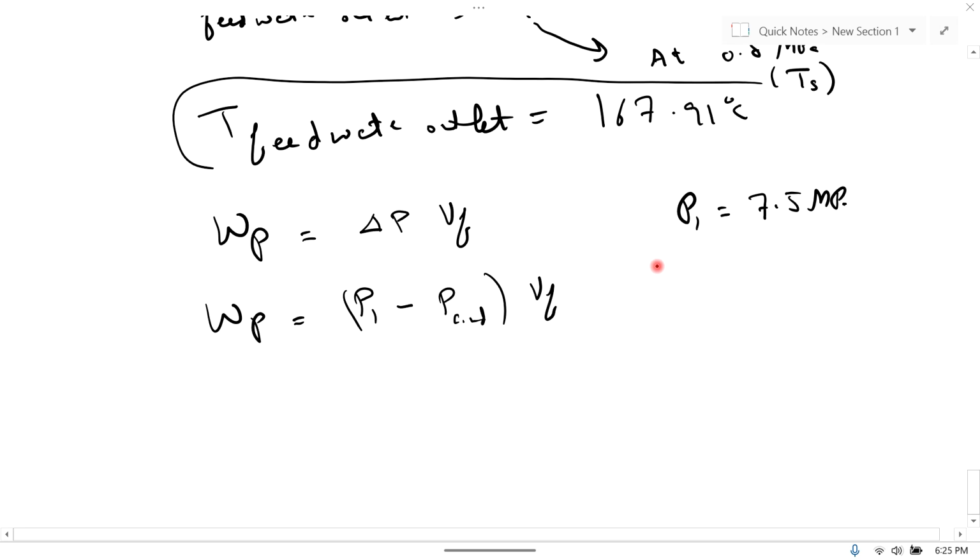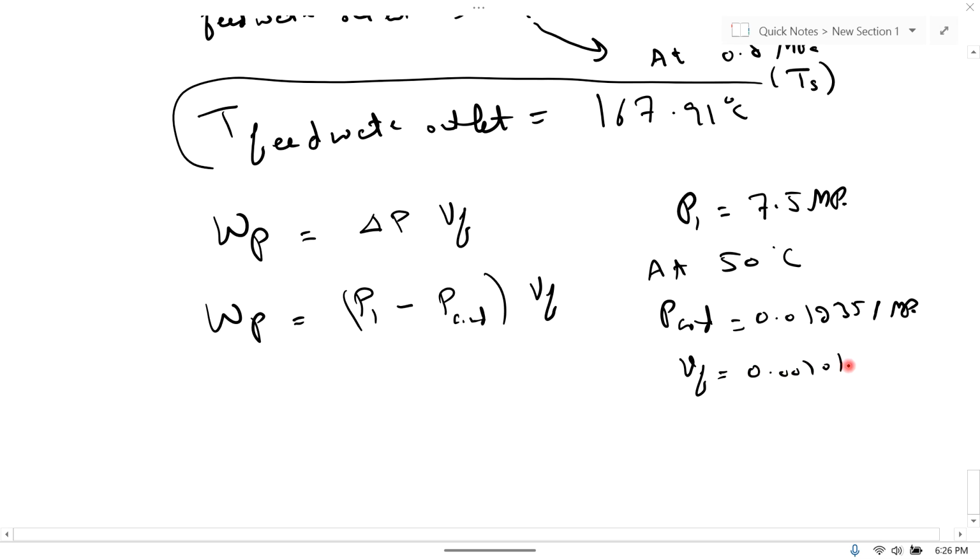At 50 degrees centigrade from the saturated steam table, P of condenser, low pressure, is equal to 0.012351 megapascal, and Vf is equal to 0.0010121.